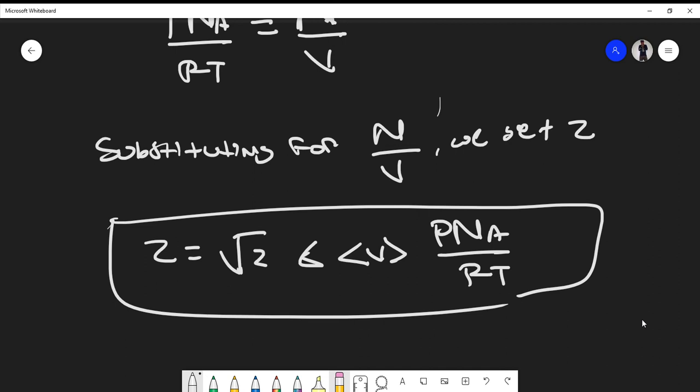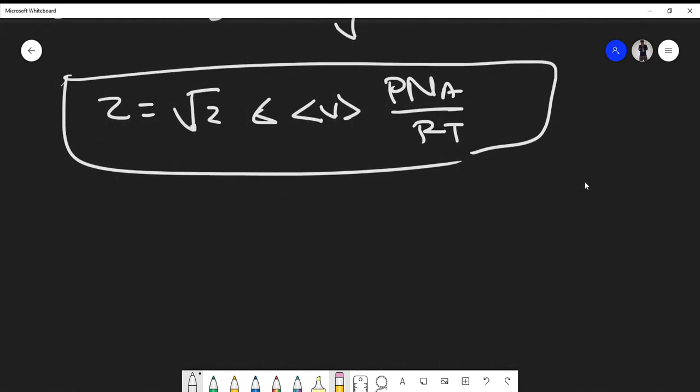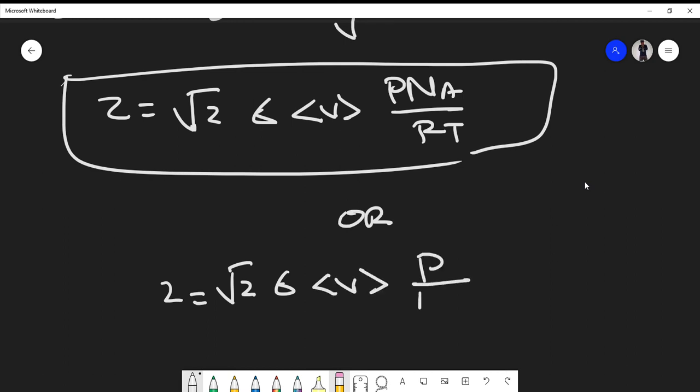This is the formula for the collision frequency with respect to the ideal gas law. Or I could write this as Z equal to the square root of 2 times sigma times v times P over k_B T, where k_B is the Boltzmann constant. Again, units in seconds inverse.